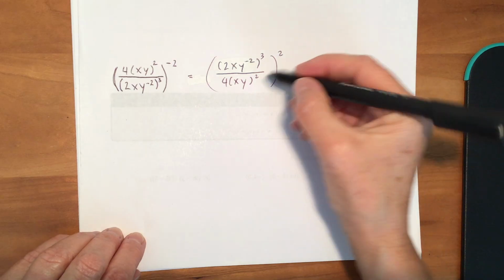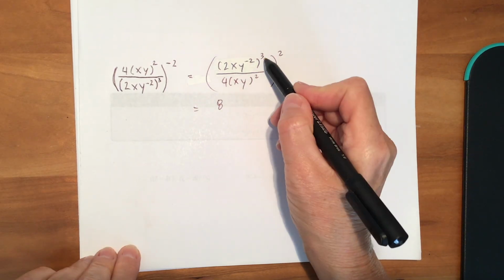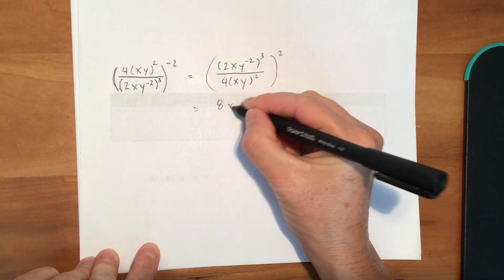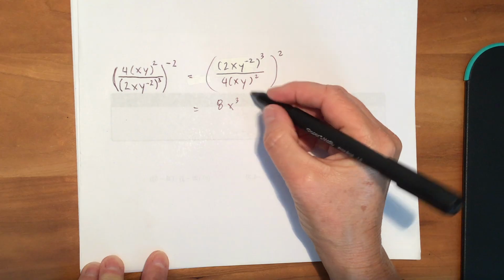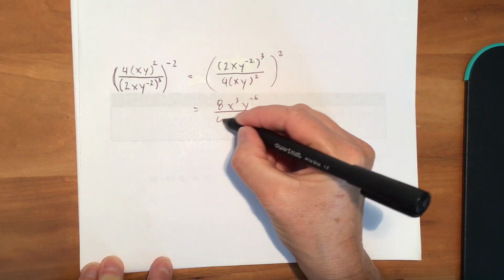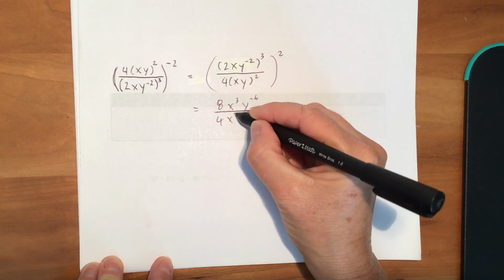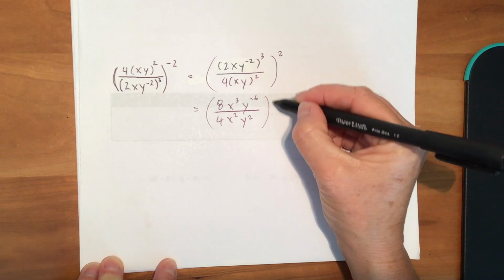So I have 2 cubed, which is 8, times x to the power of 3, times y to the negative 2 to the power of 3, so that becomes y to the negative 6. Then we have 4 x squared y squared. And then all of that is squared.